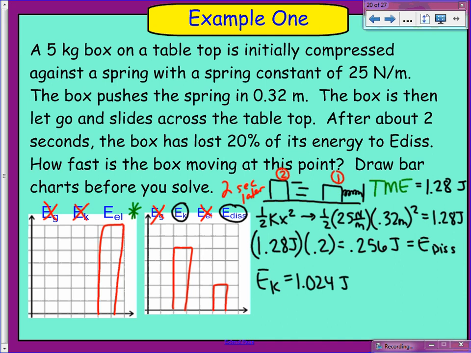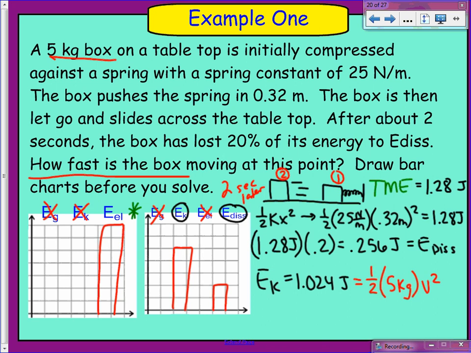It's this energy that I'm going to use to figure out how fast the box is moving. So I'm going to take 1.024 joules of kinetic energy and set that equal to 1/2 the mass of the box, which I'm told is 5 kilograms, times v squared. And I'm going to go ahead and solve for v.